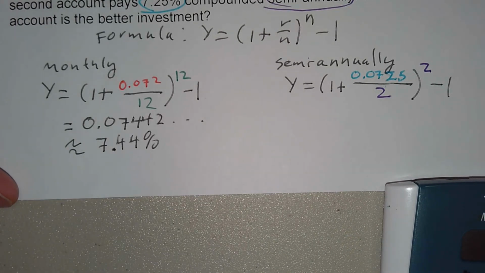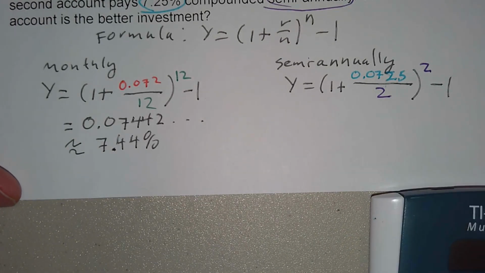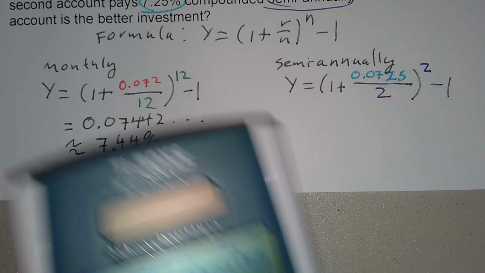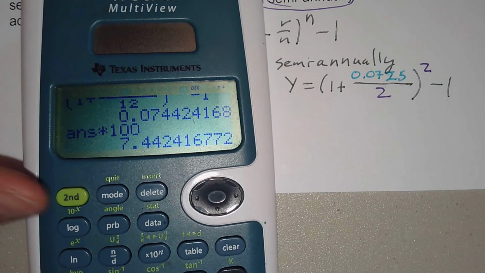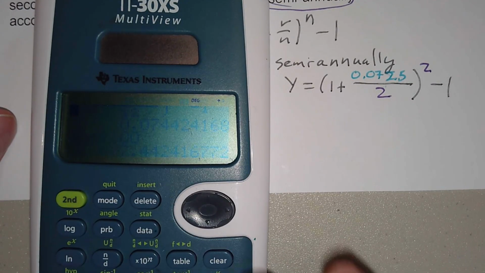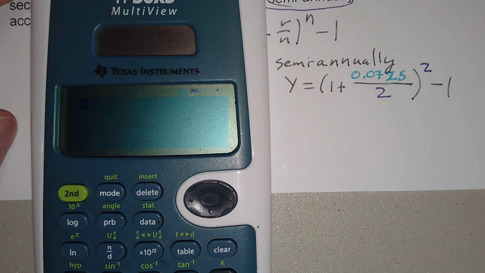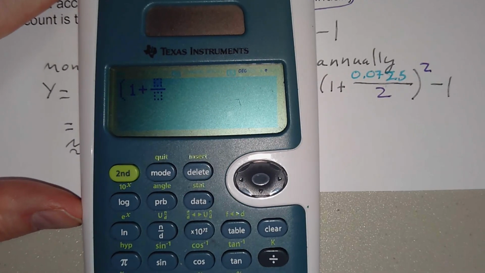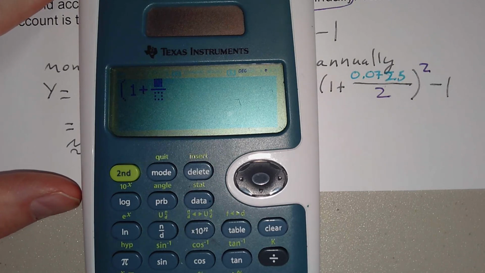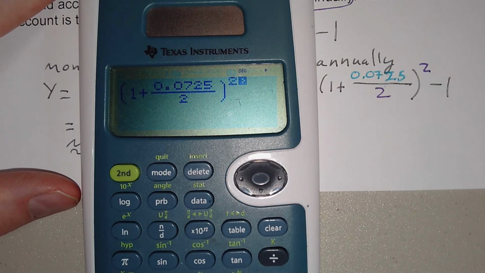And looking for the better investment, so we're looking for the one that has the higher return. So let's try the second one. We're going to have 1 plus fraction key 0.0725 over 2, close parentheses, caret key 2, and then subtract 1.